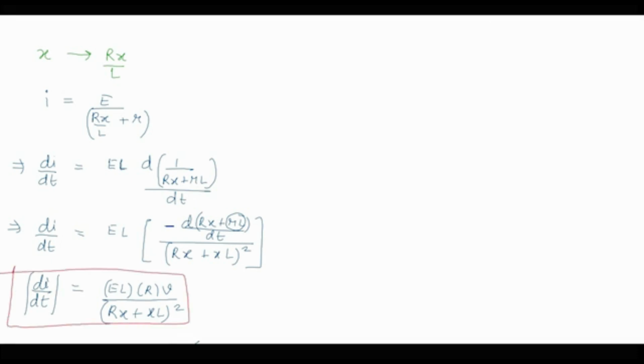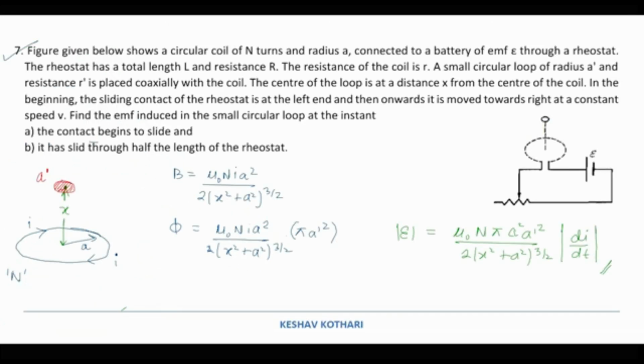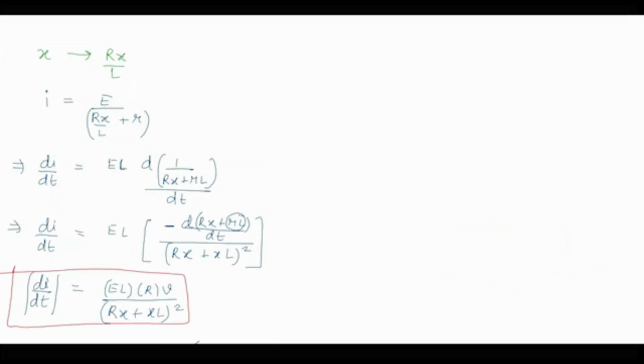If we put this expression in the value which we have calculated previously, that is the expression of EMF induced, we will get the value of EMF induced as a function of x.